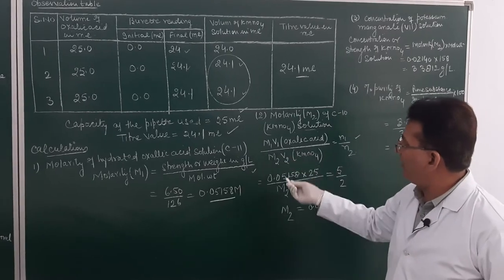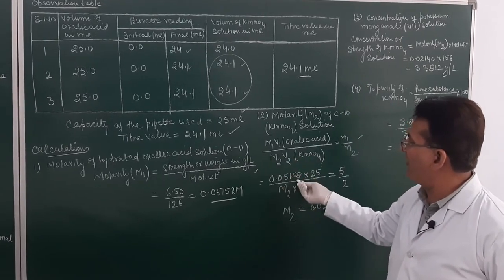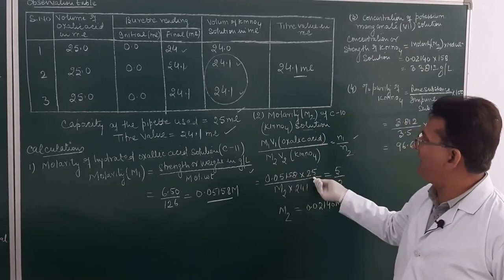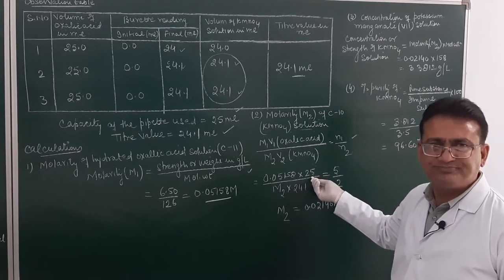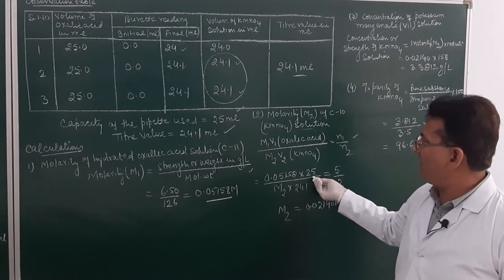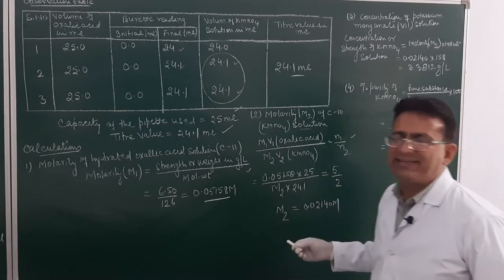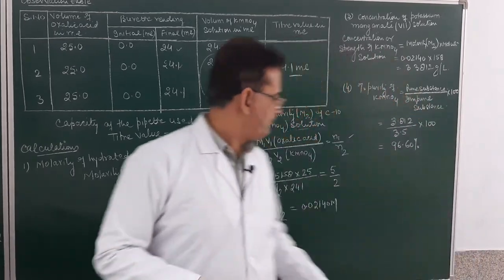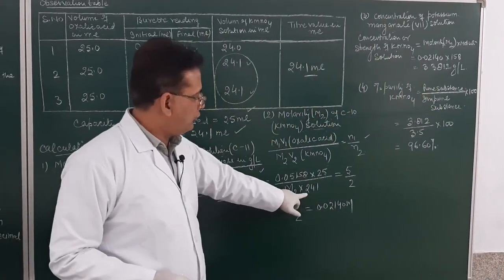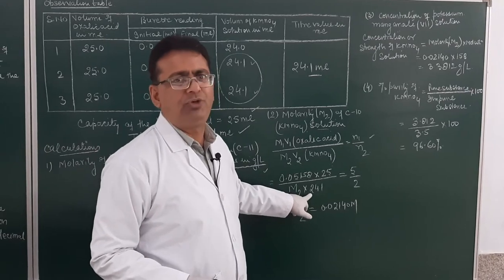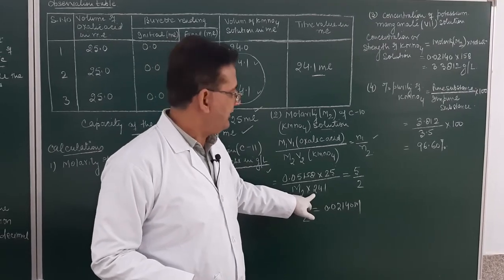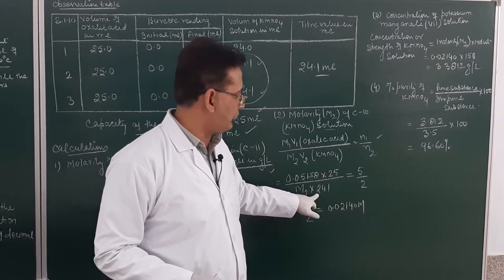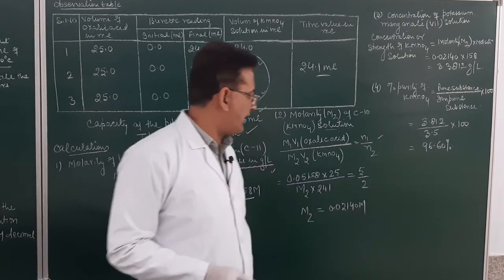What is the molarity of oxalic acid? 0.05158. Volume of oxalic acid solution used is 25 ml. Am I clear? How do I know? Because the size of the pipette was 25 ml. Then M2 into 24.1 ml. What is 24.1 ml over here? It is the titer value, that is the volume of KMnO4 solution used. And this will be equal to 5 upon 2.